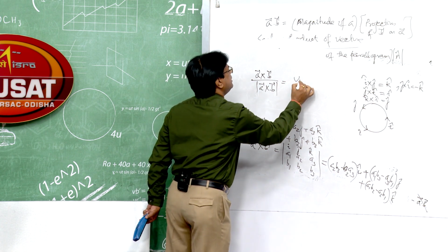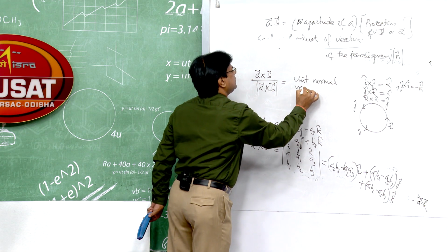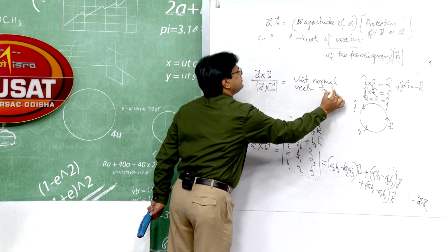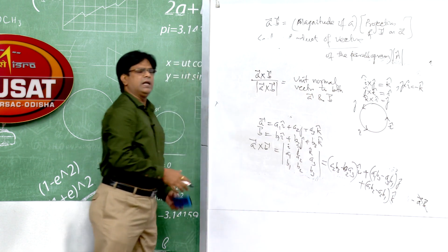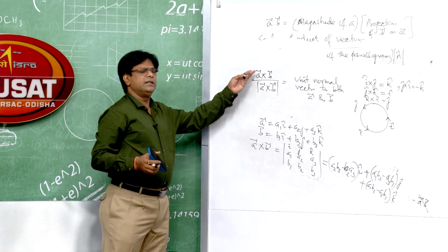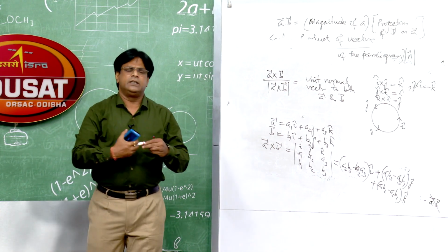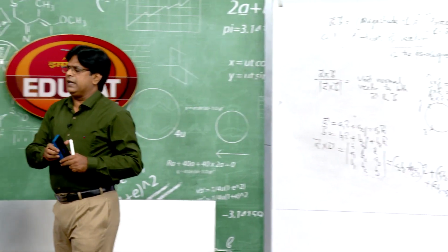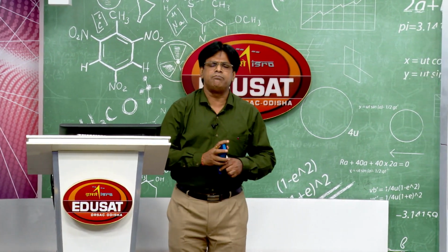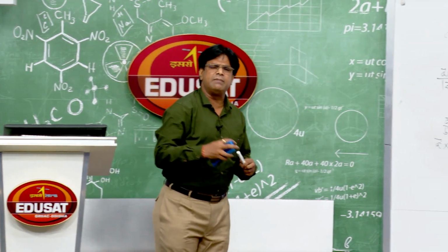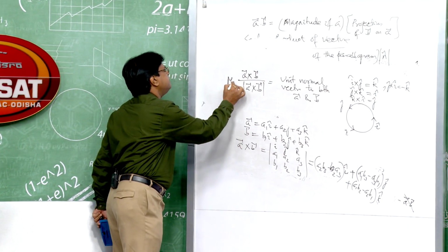This is the unit normal vector to both A and B vectors. This is the formula. A and B are given, you have to find A cross B, then find the magnitude of that vector. Suppose you are given a magnitude of some value mu, then you can multiply by this mu.